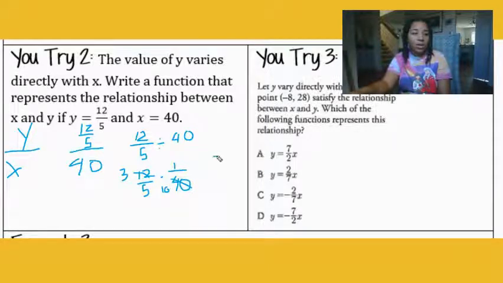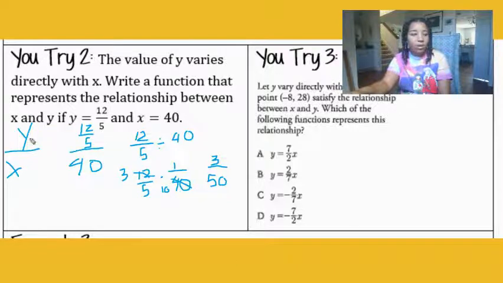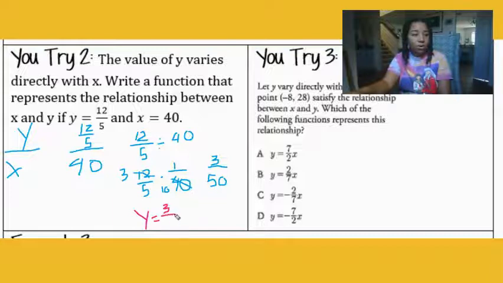So this would be 3 over 50 as a slope. So we could have our answer as y equals 3 over 50 x.